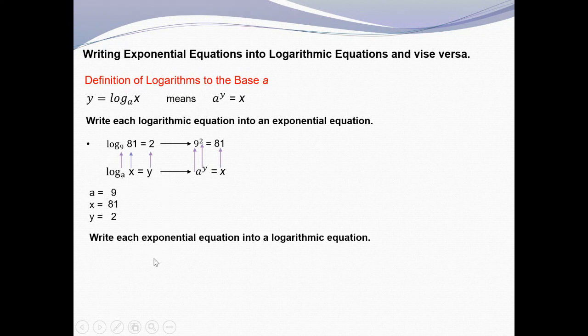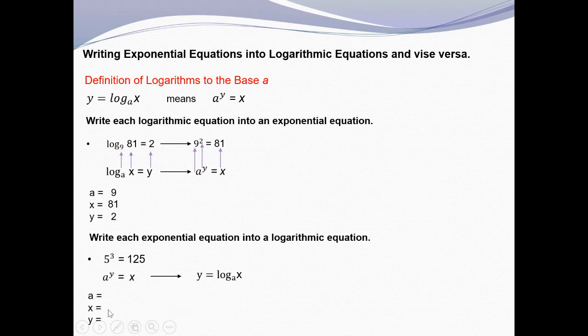Okay, now write each exponential equation into a logarithmic equation. Now you're going to go the other way. It's going to be exponential, and I want you to put it into a logarithmic equation. So again, we have to go from a to the y power equals x into a logarithmic equation, which is y equals log base a of x.